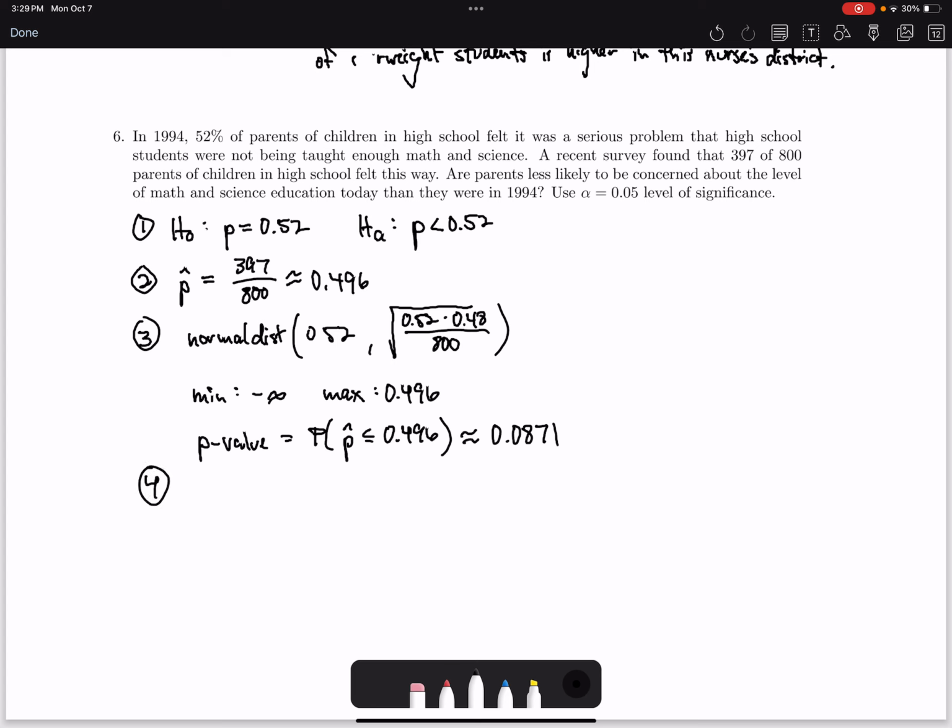So our decision. We are once again using the 0.05 level of significance. 0.0871 is not less than 0.05, so we do not reject H null.